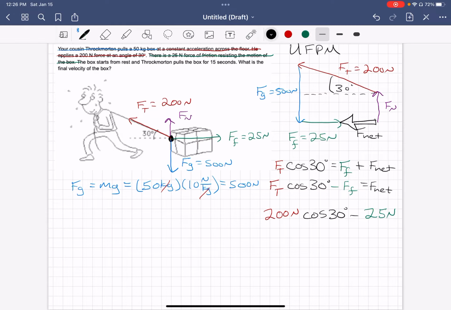When I do a trig function of an angle, the number I get is unitless, so I have a unitless number times newtons, which will be newtons. I have a number in newtons minus a number in newtons, which is going to give me a net force in newtons, which is exactly the unit I expect. So I've got my net force of 148.2 newtons.